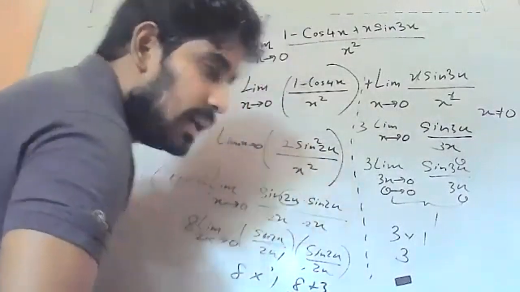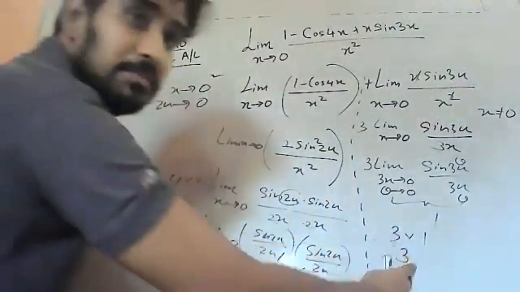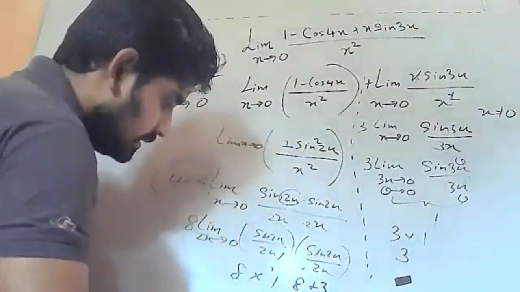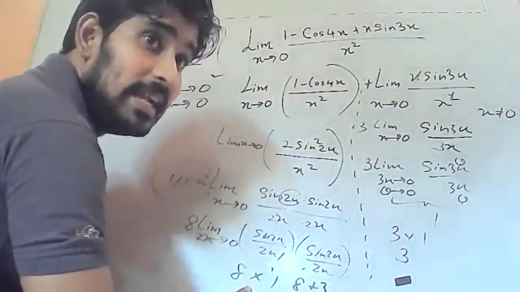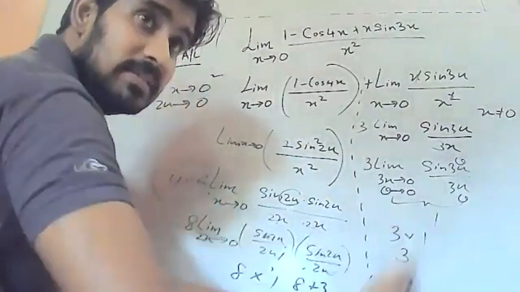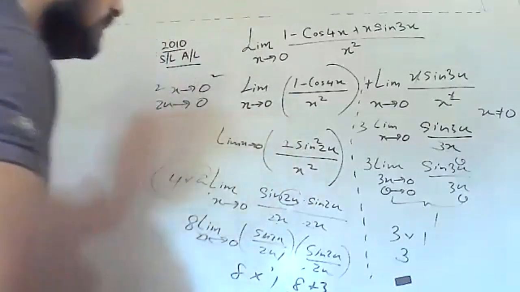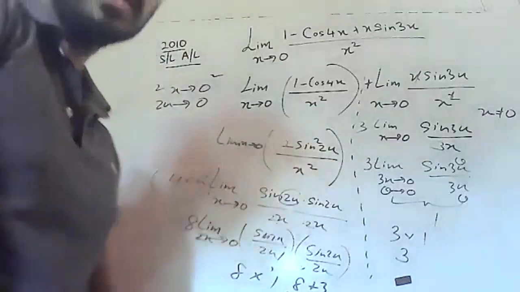I hope the answer is clear, because in this part you are getting 3 and in this part you are getting 8, right? So 8 plus 3, that is 11. I think that's the solution. It's easy.